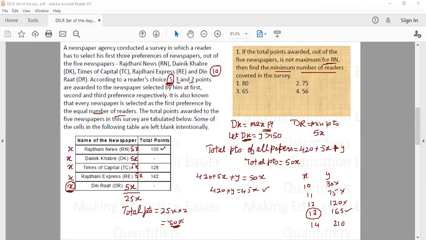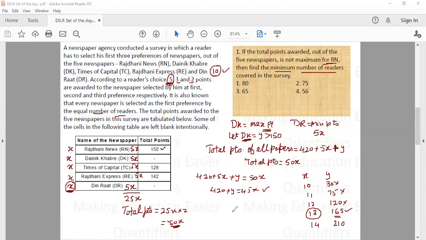Every reader is giving 10 points. So instead of taking the 14 and 210 case, I will take 13 and 165 as my relevant case, right?